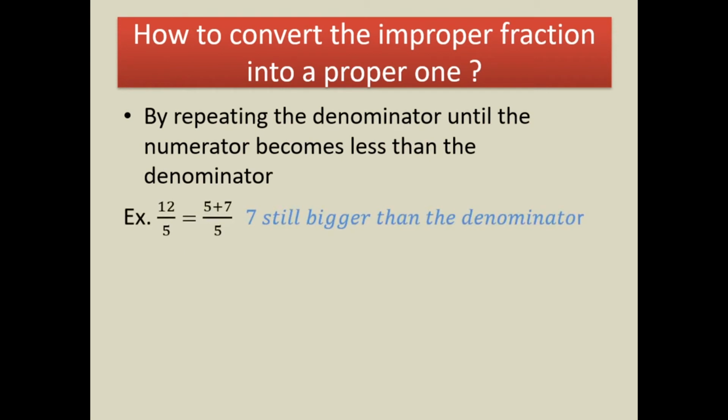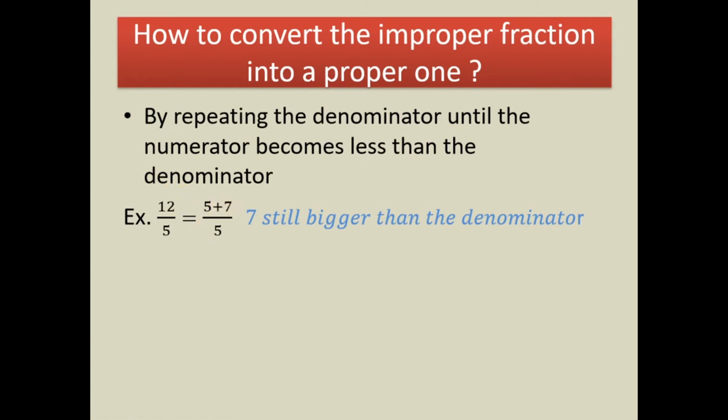So, for example, if I have 12/5, the 12 here, which is the numerator, is bigger than 5. So I need to cut it into smaller pieces. So what are these pieces? They should be equal to or less than the denominator itself. So take the denominator and repeat it up. So what is the denominator? It's 5. Repeat it up, put 5 up. So 5 plus what will give me 12? 5 plus 7.